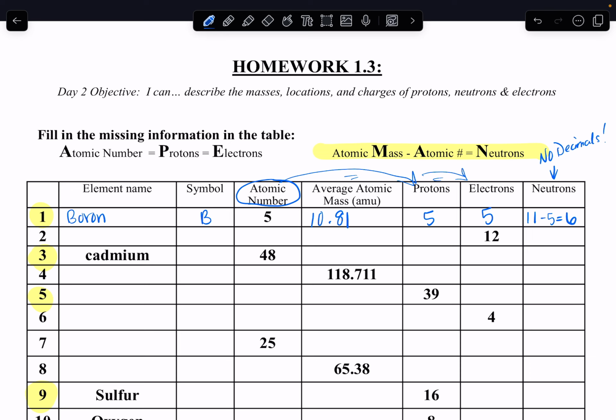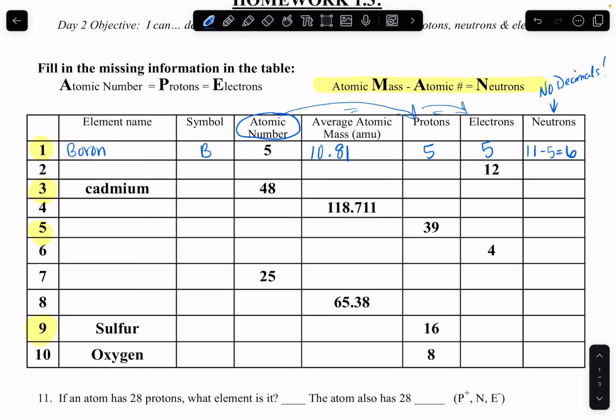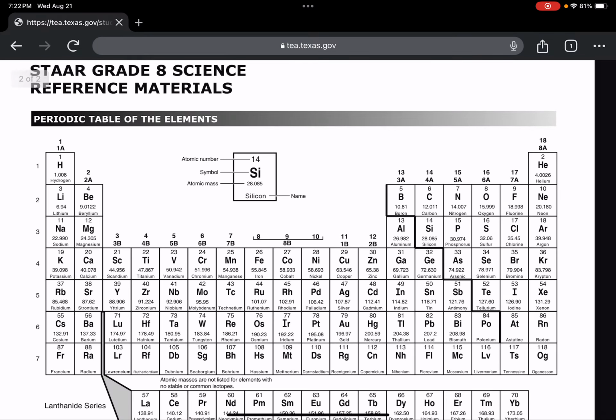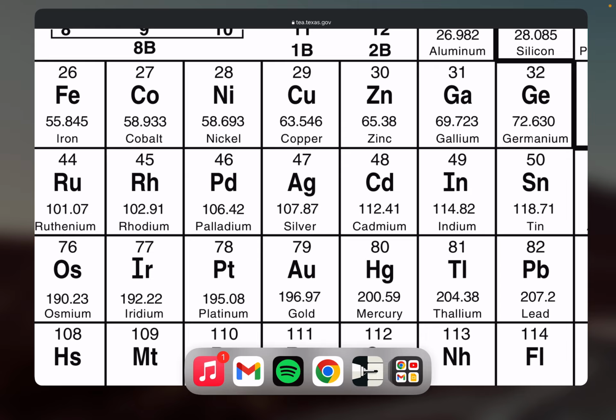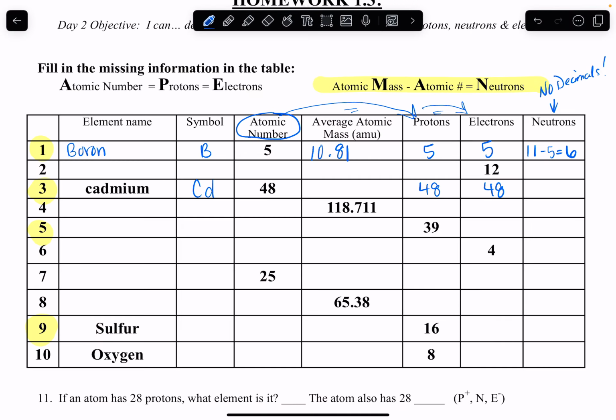Number 3, I'm going to skip around because you're supposed to do most of these. Number 3, cadmium. My atomic number is 48, which means I have 48 protons and 48 electrons. Okay, cadmium has a symbol. Where's cadmium? There it is. Symbol is CD, and its mass is 112.41.